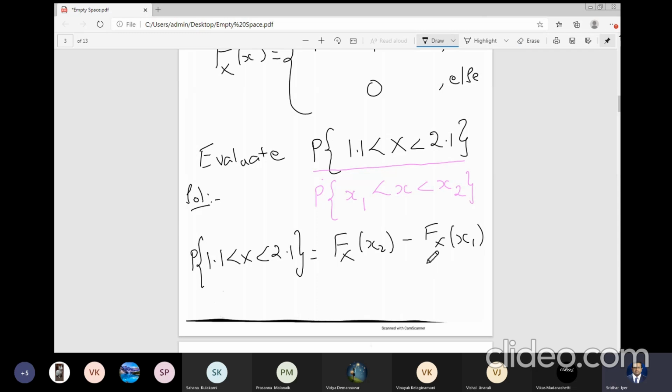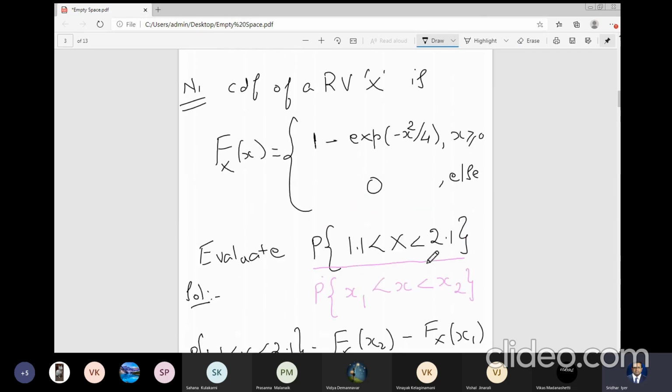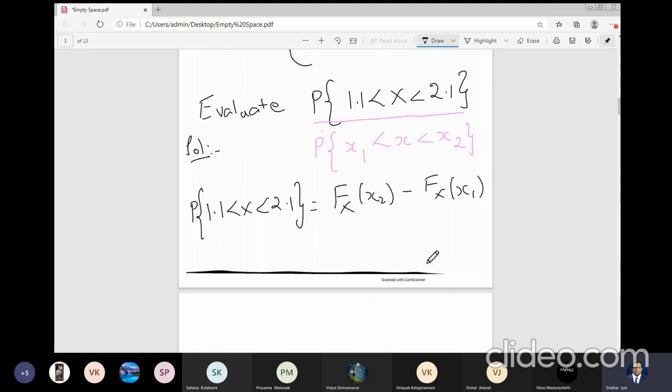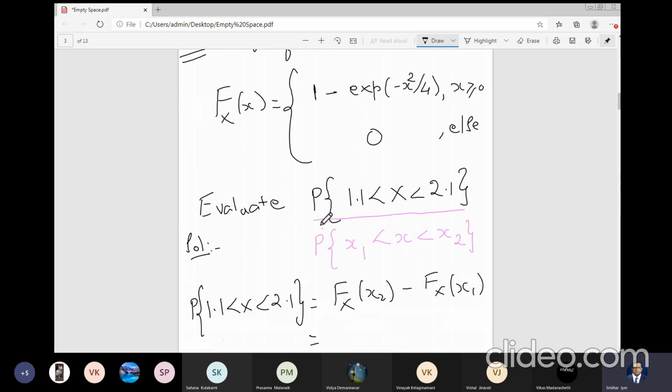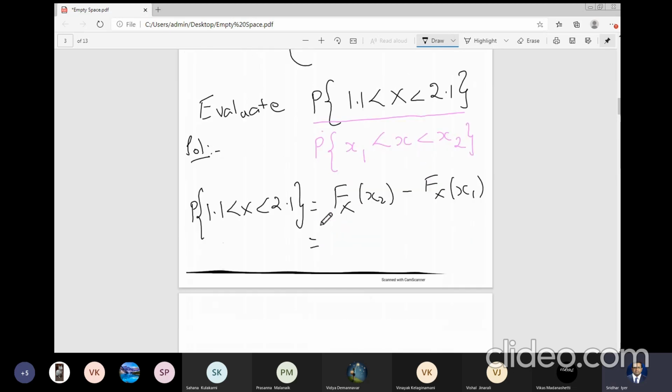And we know what the CDF is because the CDF is given to us. So it is 1 minus exponent of minus x square by 4 for x greater than or equal to 0. That means this CDF exists only for values greater than 0. For values less than 0, it does not exist, right? So what is the value of the CDF? The CDF value is 1 minus e raised to minus x square by 4.